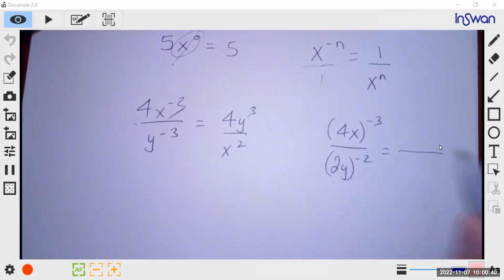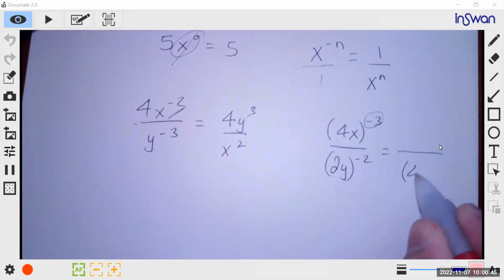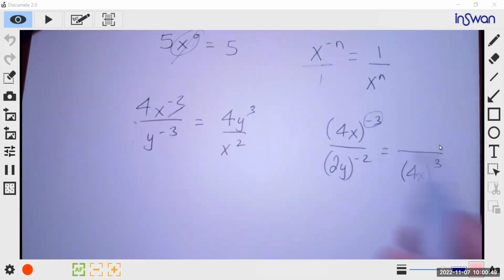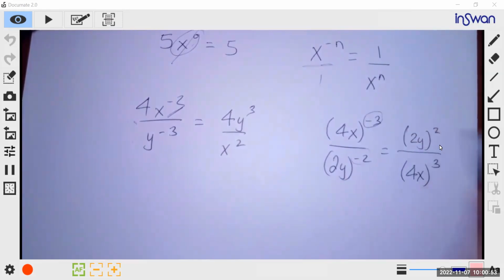First off, I get rid of the negative exponents. So that's a negative exponent, so that means it goes to the bottom. This negative exponent, that equation goes up on top.